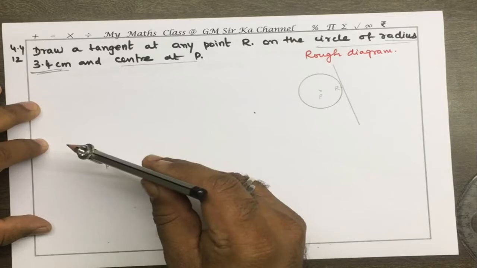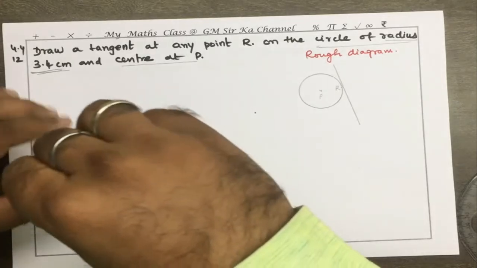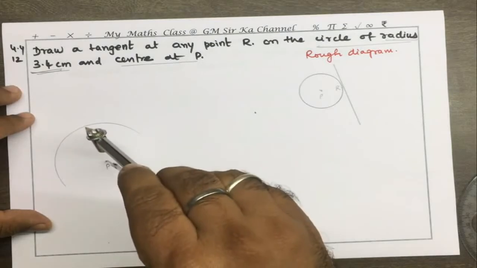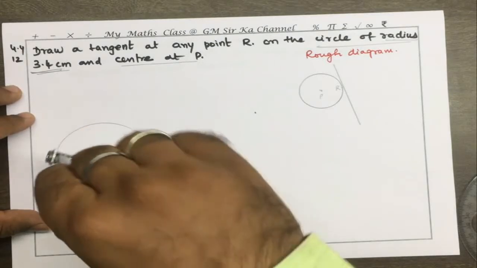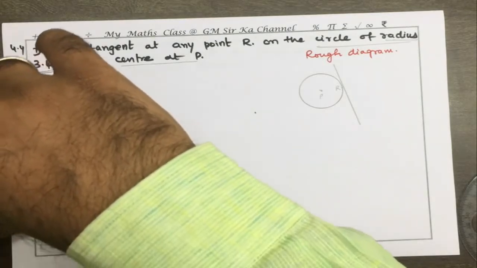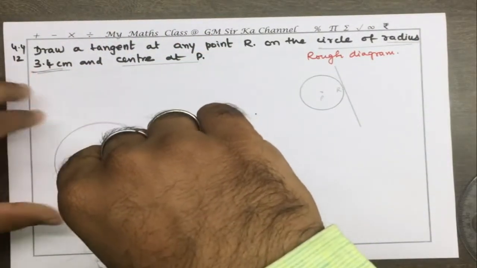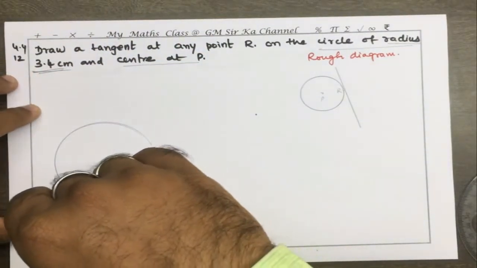So the circle from the point P of radius 3.4 can be drawn.